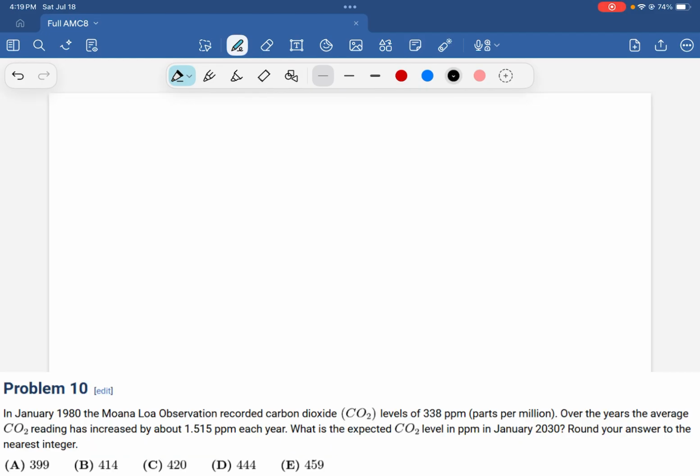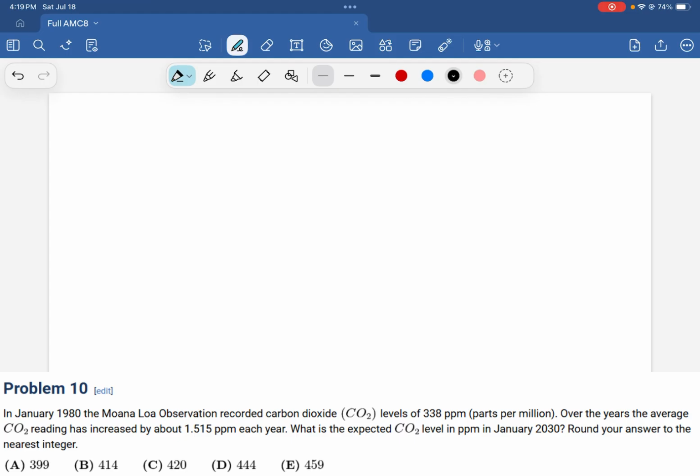In January 1980, the Mauna Loa observation recorded CO2 levels of 338 parts per million. Over the years, the average CO2 reading has increased by about 1.515 ppm each year. What's the expected CO2 level in ppm in January 2030? Round your answer to the nearest integer. That's probably going to make calculations easier.